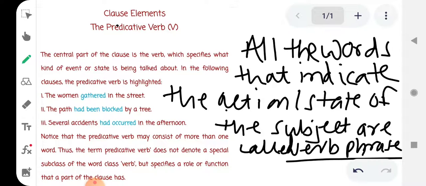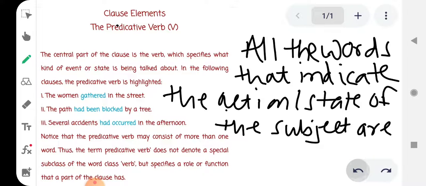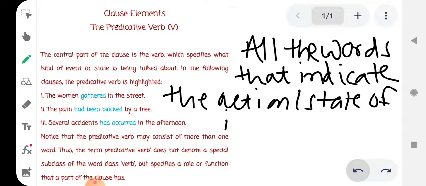Phrase means a collection of words, a group of words. A verb phrase is what? A group of words functioning just simply as a verb. That is the verb phrase. Okay. It is not given here, but I am explaining this to you because sometimes we may not be able to differentiate between simply a verb and a verb phrase.